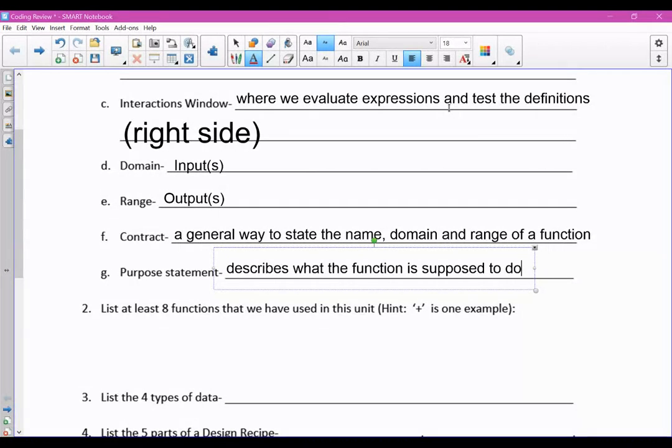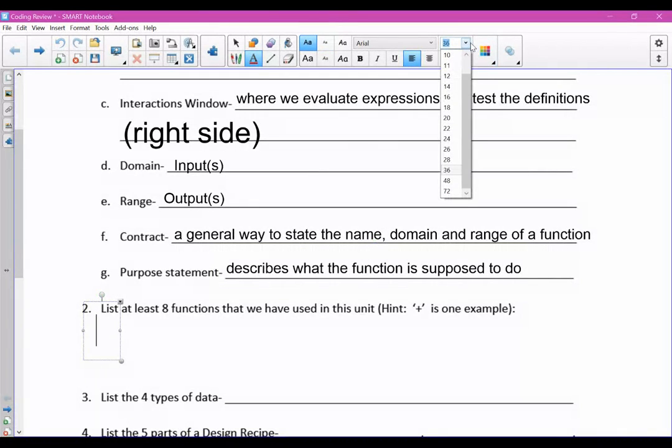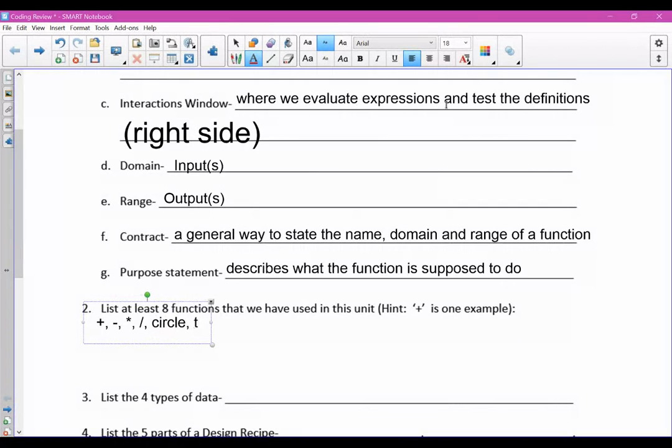Okay. Number 2 says list at least 8 functions that we have used in this unit. And then a hint here is the addition sign is one example. So if we think about everything we've done in this unit, we have our standard operation, so plus, minus, multiply, which was the star, and divide, which was our slash. So those were our 4 things. We also have all those different shapes: circle, triangle, star, square.